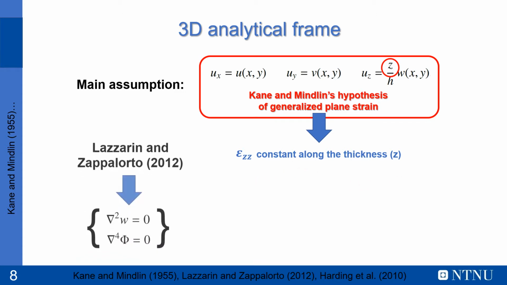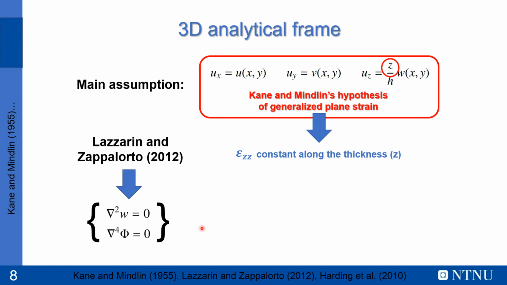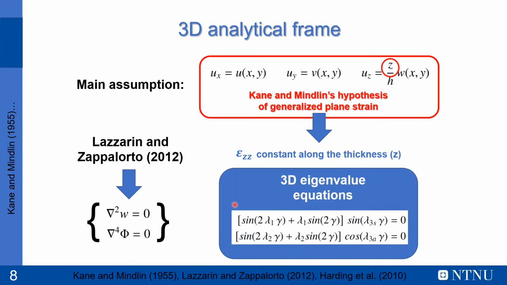Under this hypothesis, Lazzarin and Zappalorto proposed a new theoretical framework, which is based on two equations, a harmonic equation and a biharmonic equation, where phi is the classical in-plane Airy stress function. Moreover, the 3D eigenvalue equations are recovered, and the skew-symmetric part of the loading is the only part that generates an out-of-plane shear stress singularity.